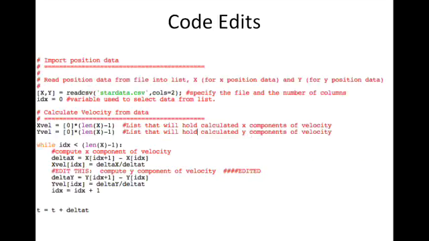This part of the code reads in the CSV and creates a list containing the x and y positions. I made edits to this part of the code in order to calculate the x and y velocity. To do this, I made a function for the change in the position for both x and y, called delta x and delta y respectively. This was found by taking the x and y position values and subtracting them from the x and y values that came right before them in the CSV file, and then dividing it by delta t.